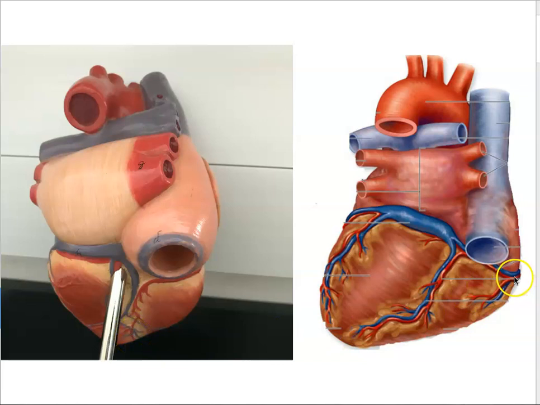Here we see the right coronary artery coming around in the coronary sulcus and going back down. This is the posterior descending artery, the PDA. And it is actually in the posterior interventricular sulcus.